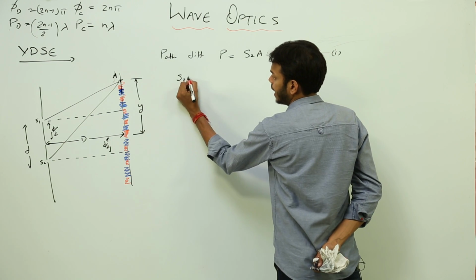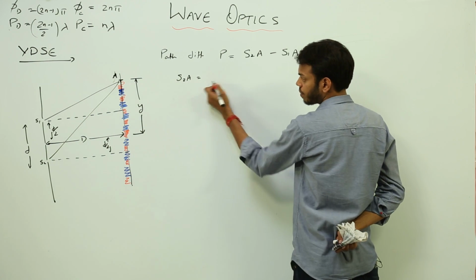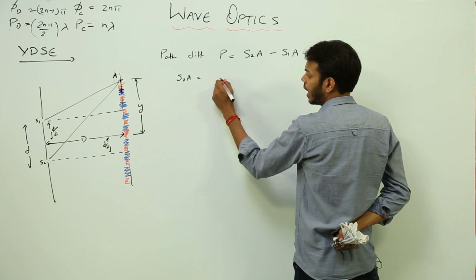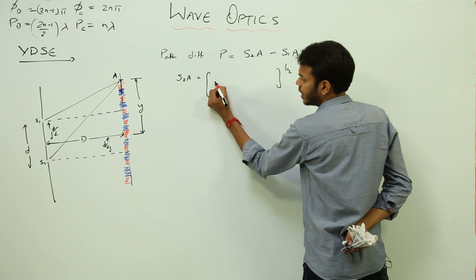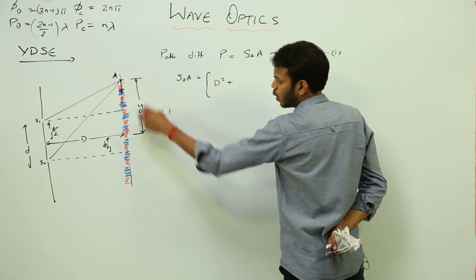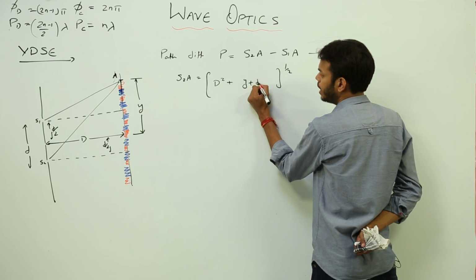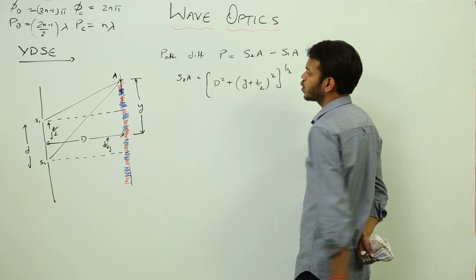So S2A is equal to the square root of D squared plus (y plus d by 2) whole squared.